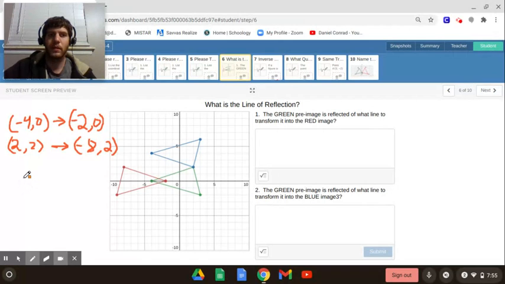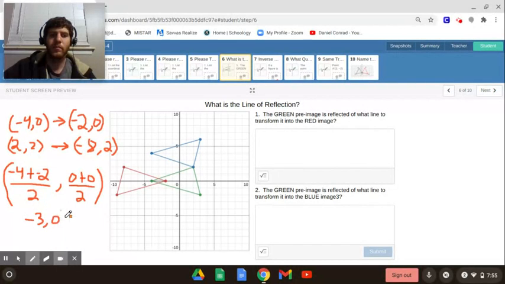So x1 plus x2 over 2: negative 4 plus negative 2 over 2, and then 0 plus 0 over 2. That's negative 6 divided by 2, which is negative 3, 0. So the midpoint there is negative 3, 0.